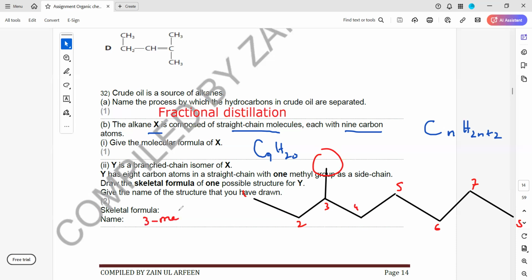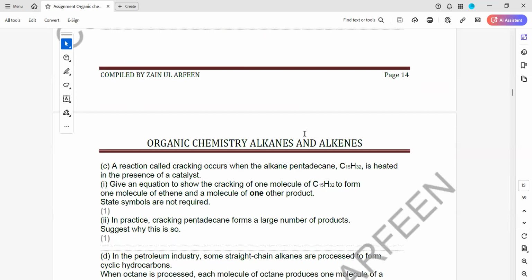It will be 3-methyl, and 8 carbon atoms are there, oct, and they have single bonds, so it is 3-methyloctane. Is it clear, this one? You can place it anywhere because they mentioned one possible structure. So there are multiple possibilities in this case. You can attach at the fourth, or at the second, so it will be 2-methyl.